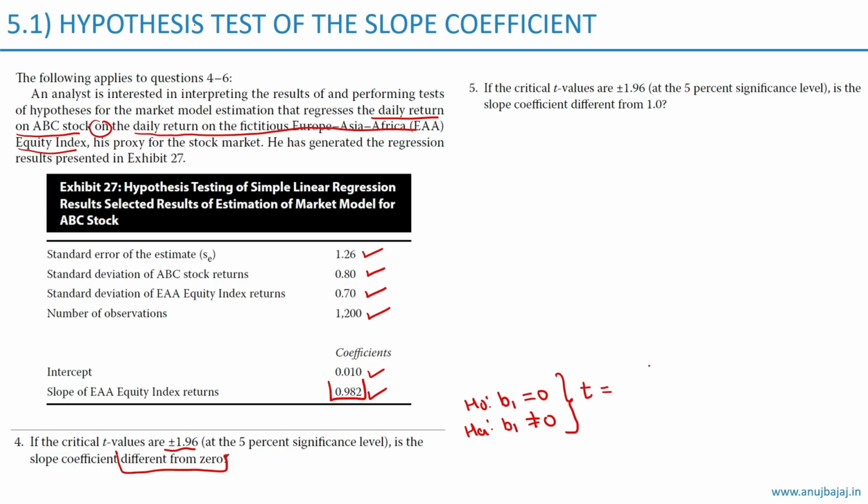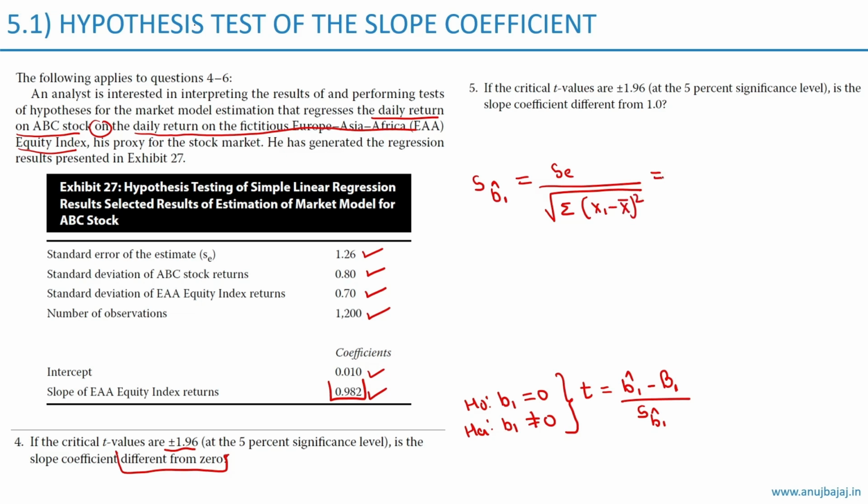The t-statistic equals the sample slope coefficient minus the hypothesized value of the population slope coefficient, which is represented by capital B1, divided by the standard deviation of the slope coefficient. So first let us find out the standard deviation of the slope coefficient, which equals the standard error of estimate divided by the root of summation of deviation squared of the independent variable.